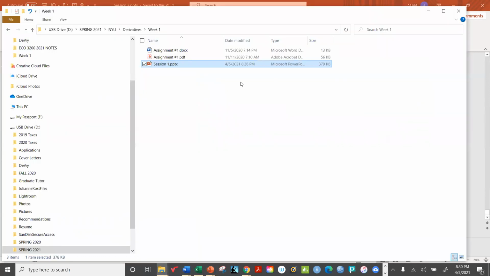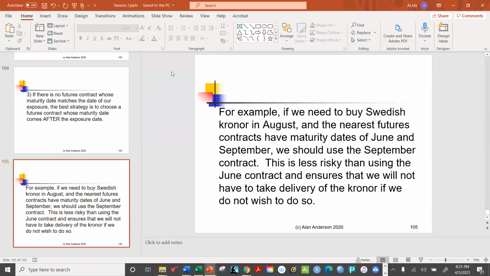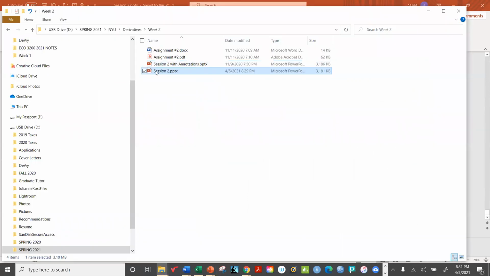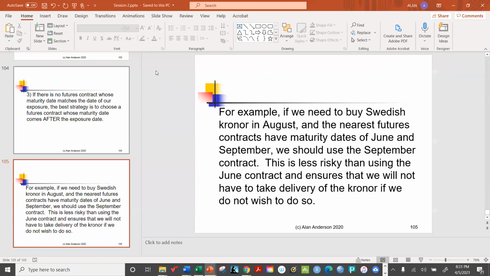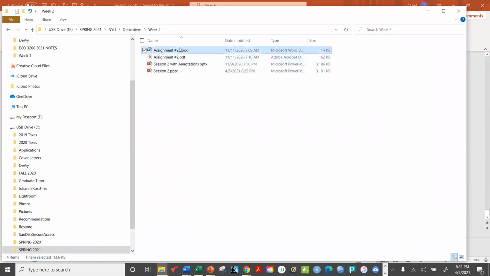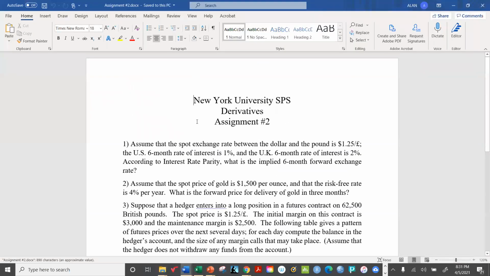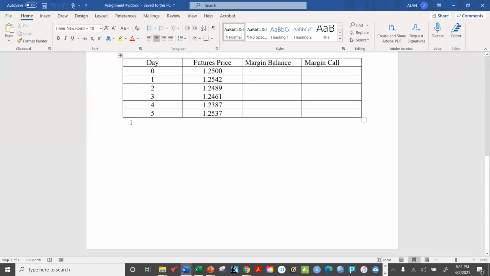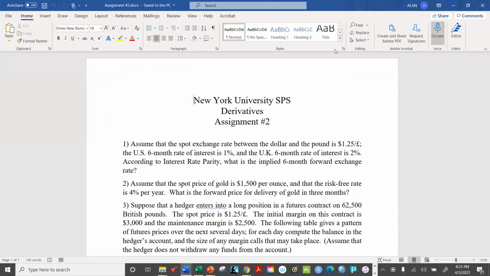And then every week, I believe we have a new assignment. Some of them are shorter than others. I think we'll be ready for it after week 2, though. Yeah, that looks a lot more like it. All right, so that's what we'll do.